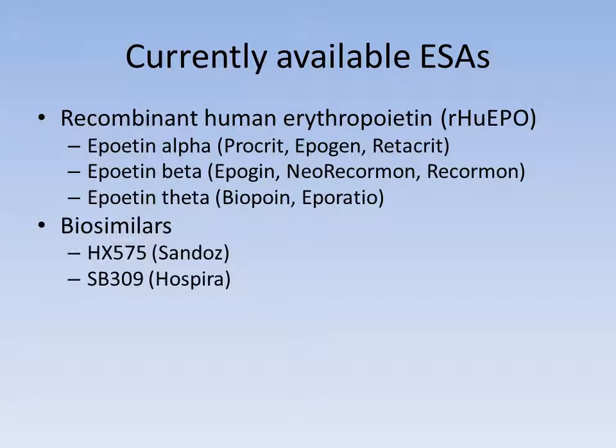A biosimilar is a biologic product that is highly similar to and has no clinically meaningful differences in effect from an existing FDA-approved reference product. Biosimilars for erythropoietin or for EPO alpha were approved by the FDA in 2018 for the treatment of anemia. And the approved dose is the same as it is for epoetin alpha, and the physiologic effect is the same.